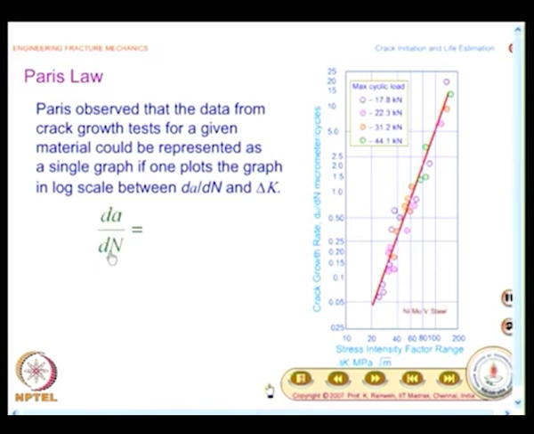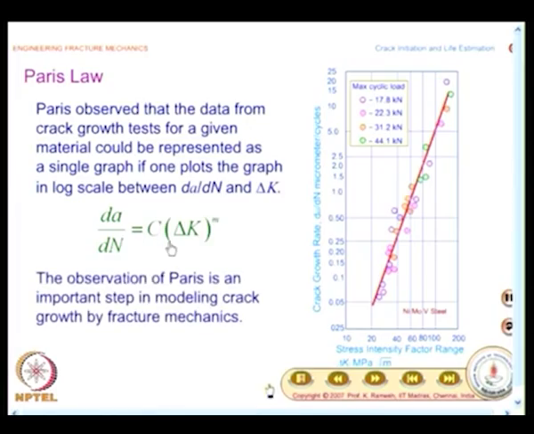So, the Paris law states dA by dN equal to C into delta K to the power m. Here C and m are material constants; they have to be determined from material testing. What you will have to note is that the observation of Paris is an important step in modeling crack growth by fracture mechanics.